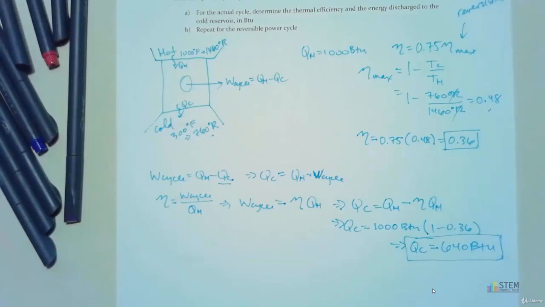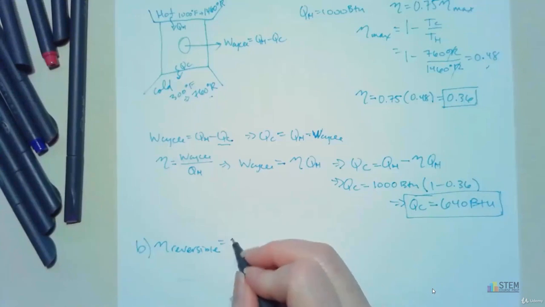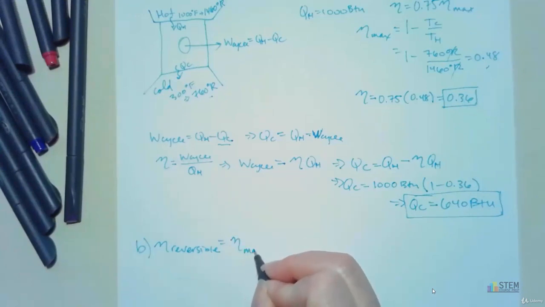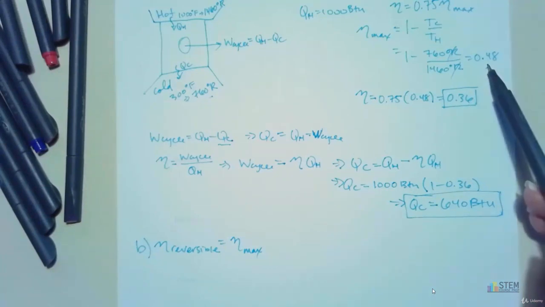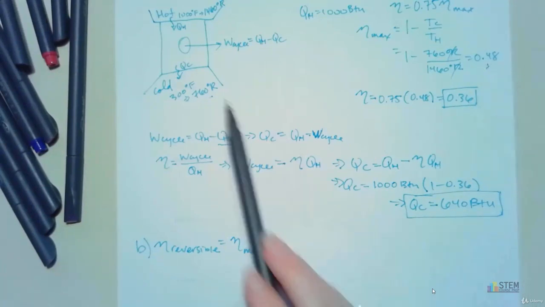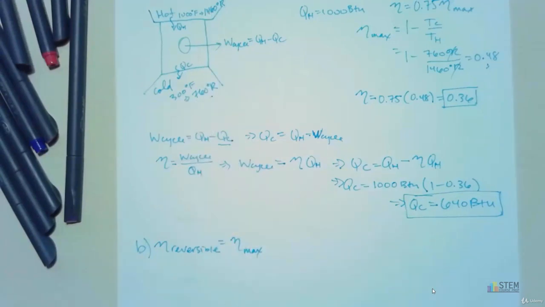Now, for part B, we want to repeat this for the reversible power cycle. So for B, we want the reversible. Now we already know that that efficiency is going to be the max. We already found the max efficiency, right? So 0.48. That's not going to change because we're not changing our reservoirs. We're keeping those same reservoirs.